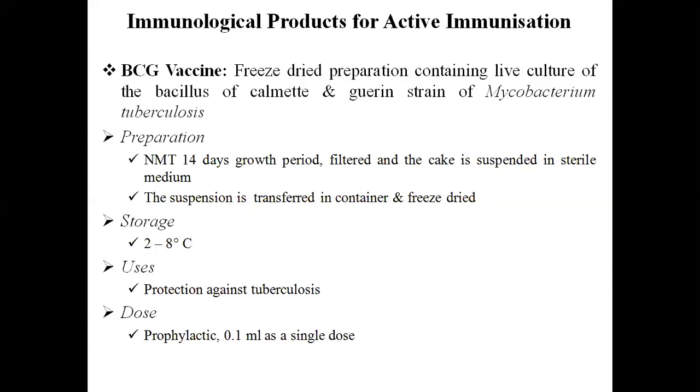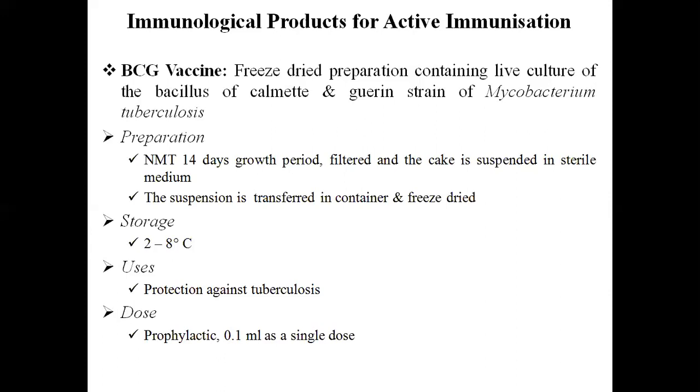The bacilli are grown on a suitable culture media until 1 mg, when plated out on suitable solid culture media, shows not less than 20 million colonies. The growth period should not be more than 14 days in any case.